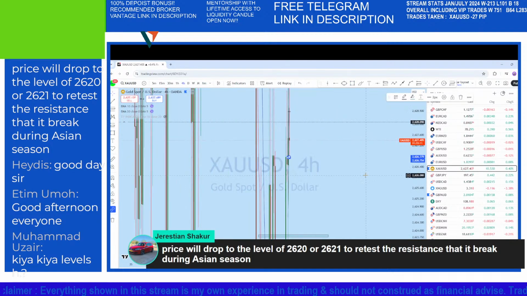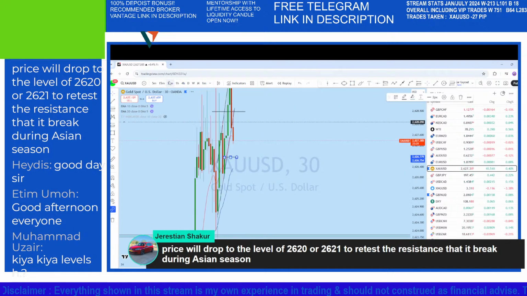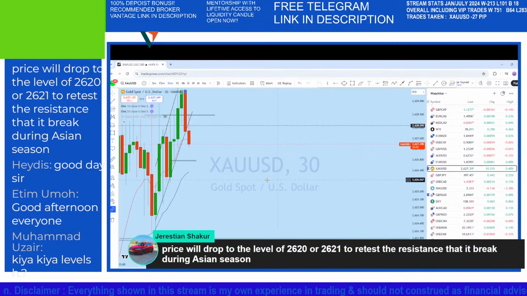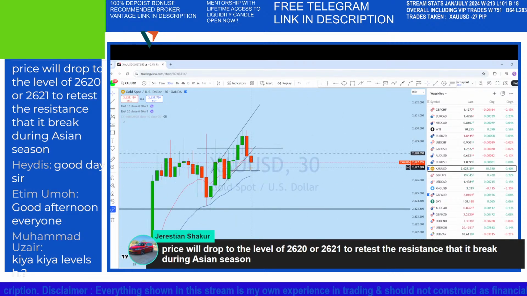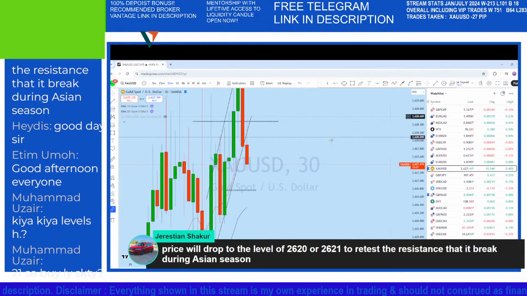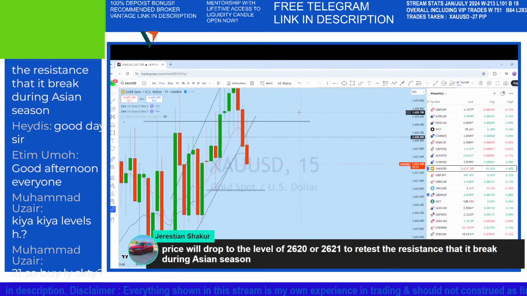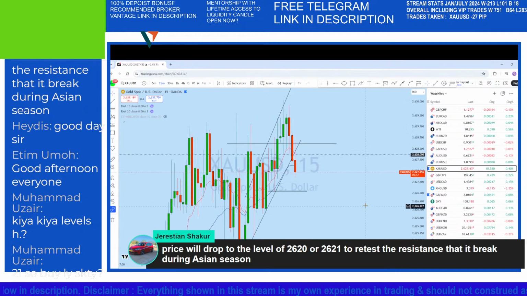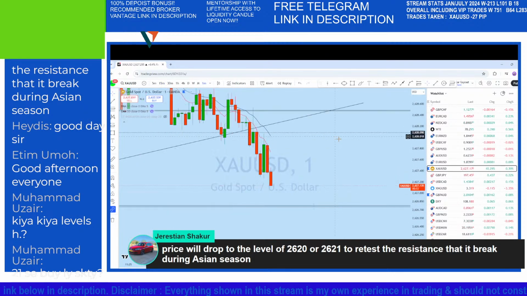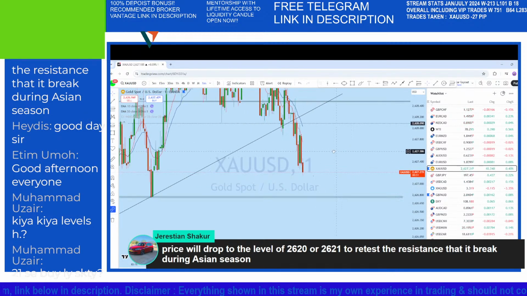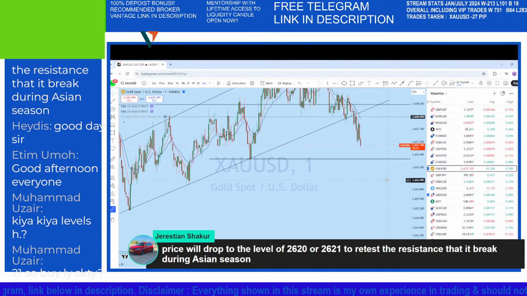After a break of any of these lows, we might see the market heading in that direction. Okay, so locally, here is support.